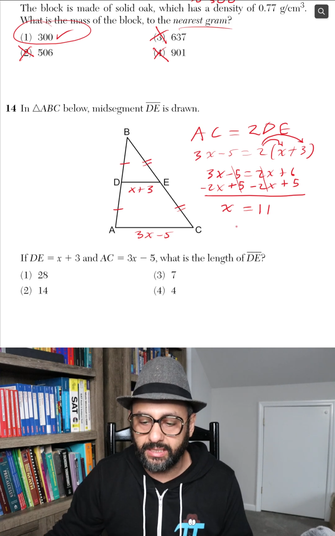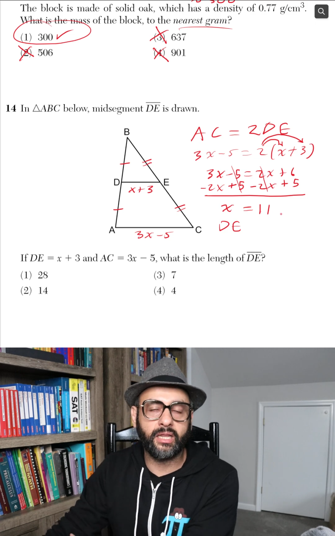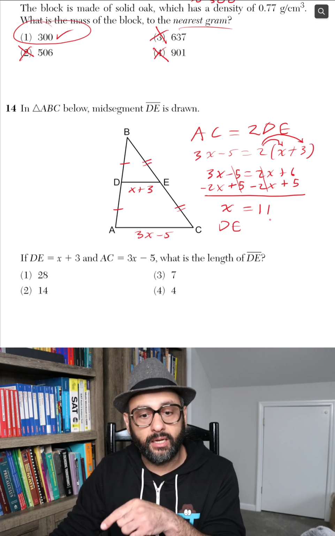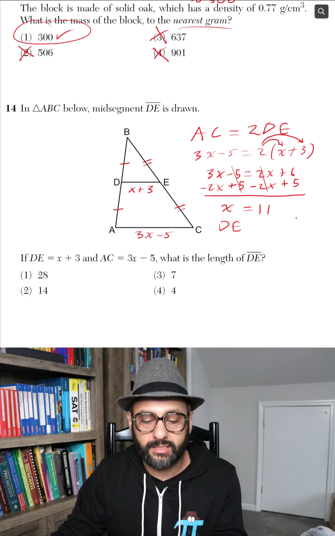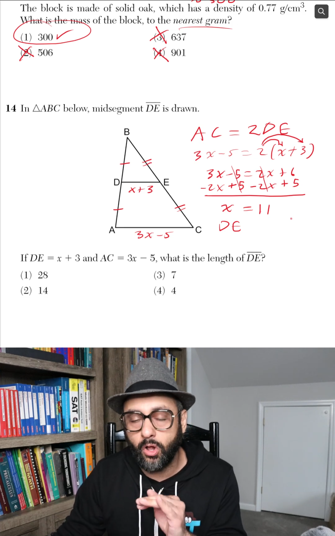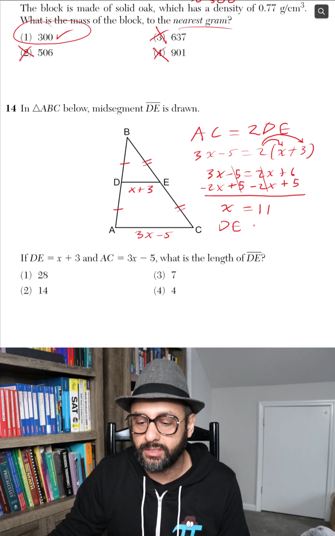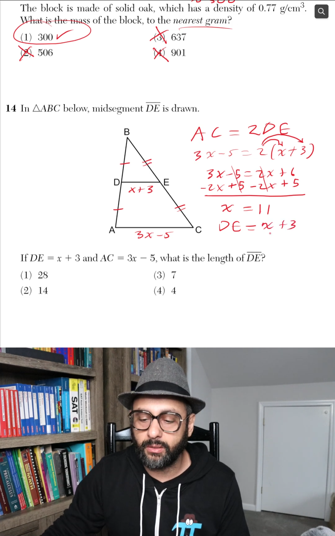And so then DE, and a lot of students get this wrong because 11 would be a choice. You got lucky if you thought that 11 was going to be the answer because it's not one of the choices. But they will almost always include it as one of the choices. DE is equal to x plus 3, which is 11 plus 3, which is equal to 14.